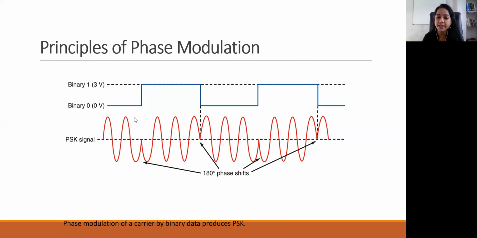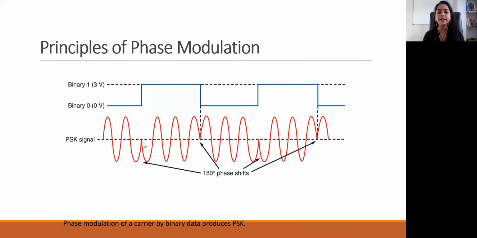As the wave changes from 0 to 1, the modulation happens because whenever the changes happen, just as in amplitude modulation the amplitude changes, here the phase also changes. According to the time, we do phase modulation. So here it is very clear in this picture how the phase changes.